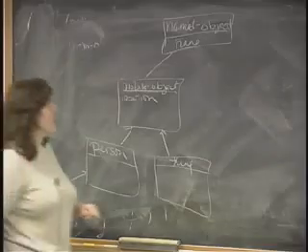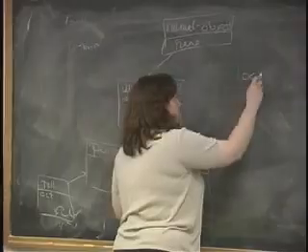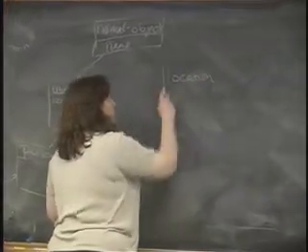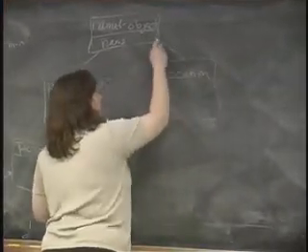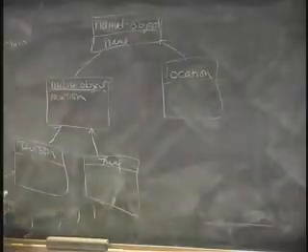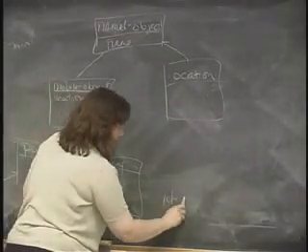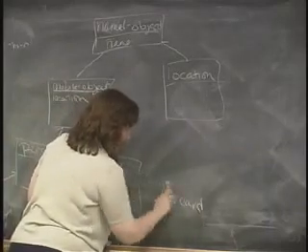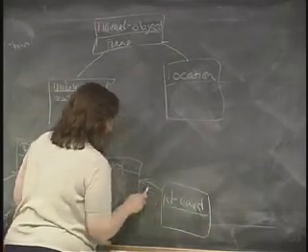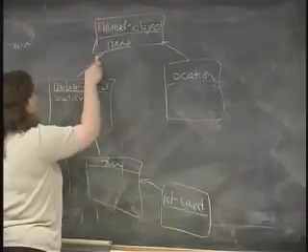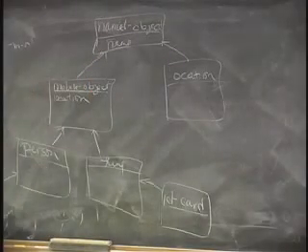And then we also had locations, which were named objects. And then we had ID cards, which were things. Okay, so that's the inheritance diagram for our system that we had.